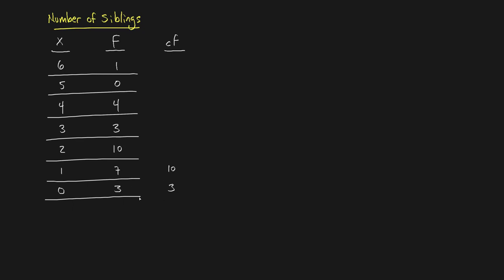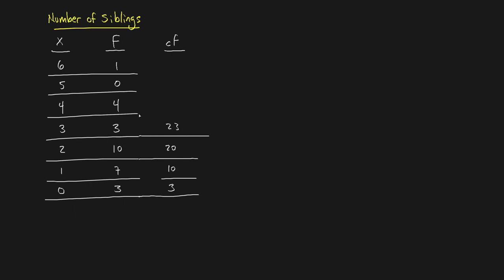And so you can see that this is going to build as we go through. When I get to my next category, it's going to be the 10 that I already have. So that was the 3 and the 7 makes 10. Add in the next 10, and that brings me up to 20. That 20 signifies that there are 20 people that have 2 or fewer siblings in the sample. And then add the next 3 in.